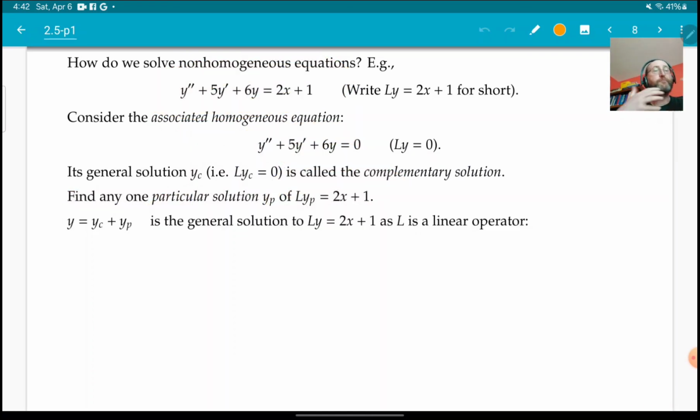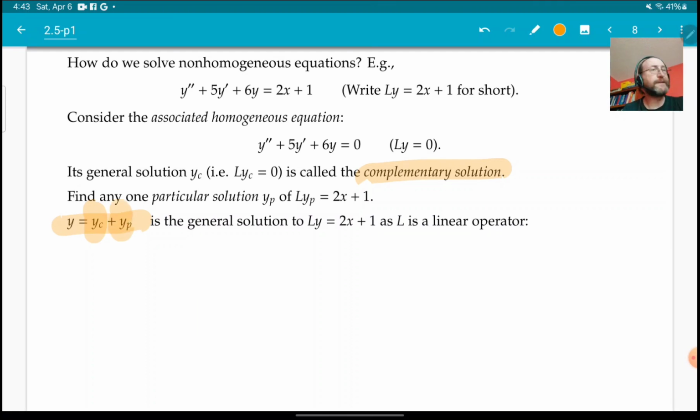And now we put it together. We set y to be y sub c plus y sub p. Y sub c is the complementary solution that has the right number of unknown constants so that we can solve for our initial conditions.